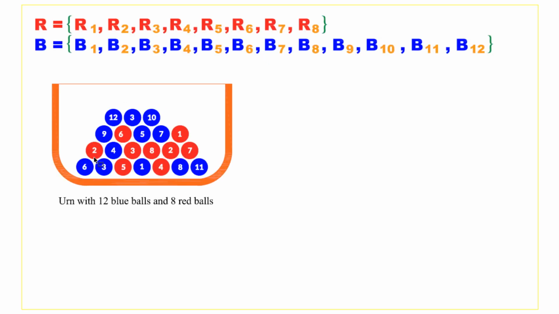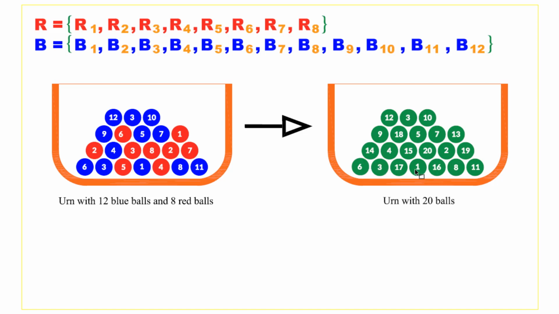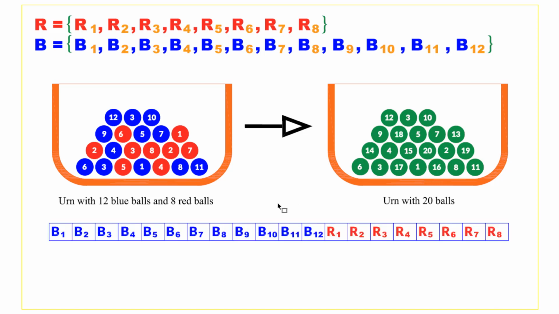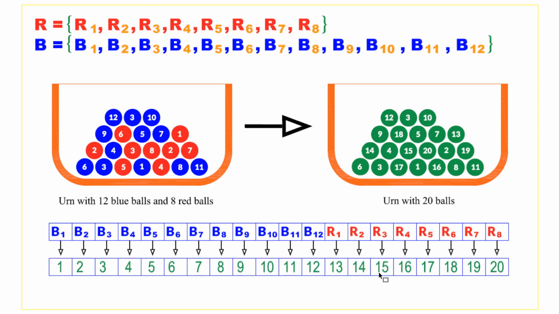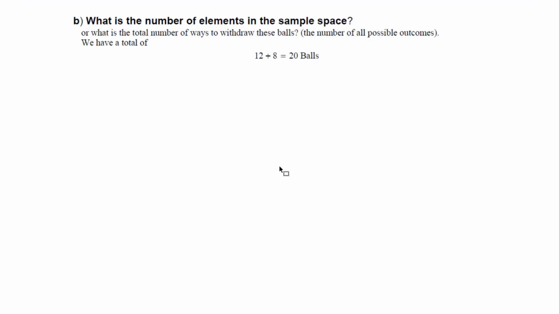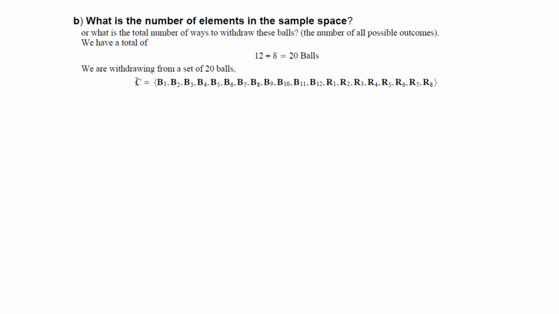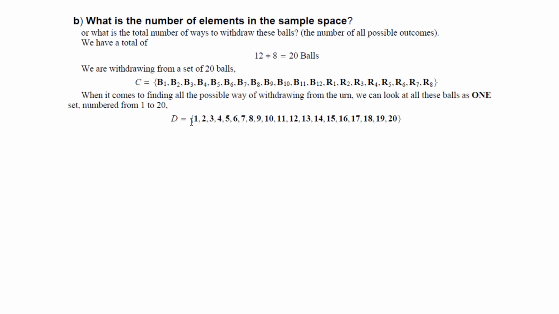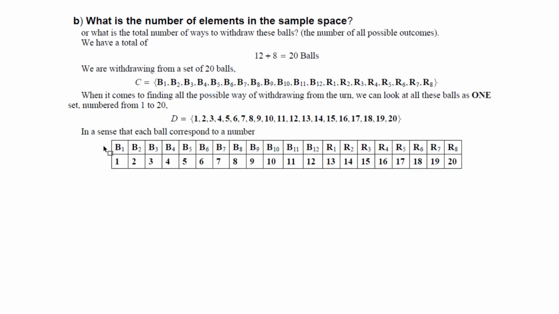This is the urn, and all these objects can be mapped into objects numbered from 1 to 20. If we write these objects together in one group, we can map them into numbers from 1 to 20. And now we are withdrawing from all these numbered 20 objects. So going back to the question, we have the group of all objects and we map them into numbers from 1 to 20 as we see here.